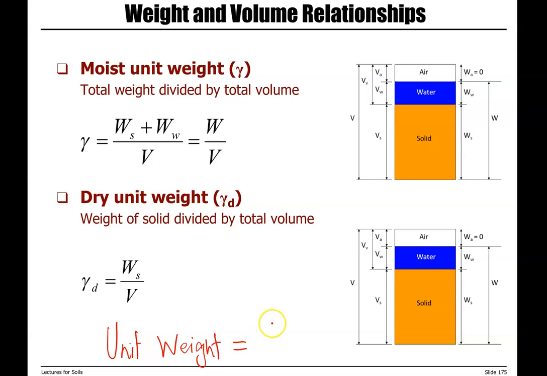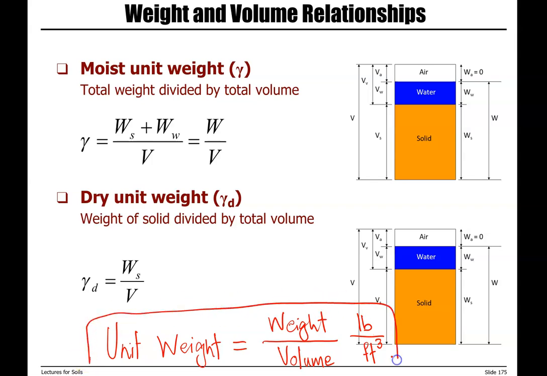Unit weight is weight of material divided by its volume. So the unit is usually pound per cubic feet. That's the general definition of unit weight: weight of a material divided by its volume.